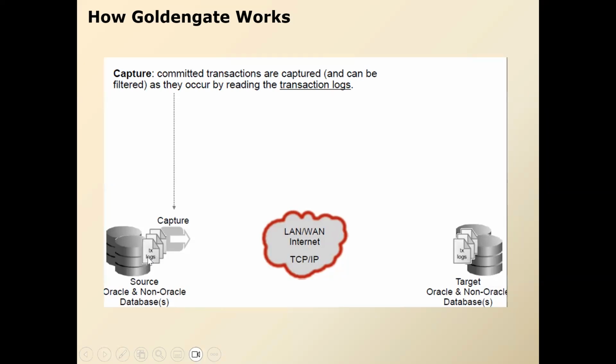Your transaction logs contain committed as well as uncommitted data. However, GoldenGate captures only committed transactions, remember, and it captures them in the order of commit. The transaction that commits first is captured first, and the transaction that commits next is captured next.